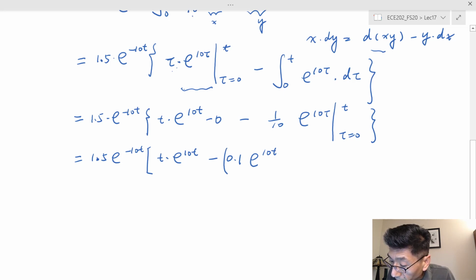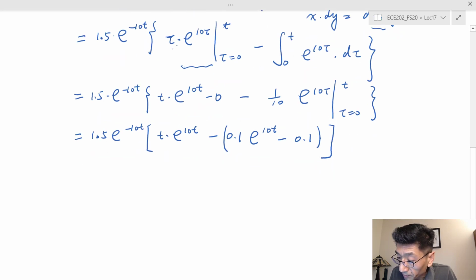So that's the upper limit, and minus 0.1 times e to the 10 times 0, that's just 0.1, right? So therefore I have, if I divide by 10 here and multiply by 10 inside, I get 0.15.